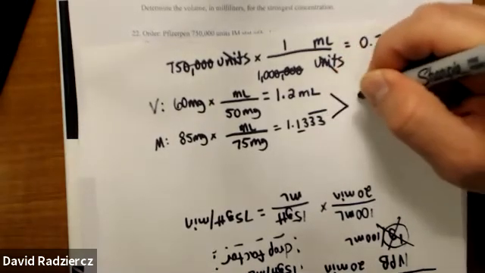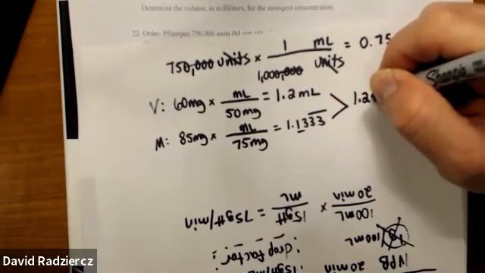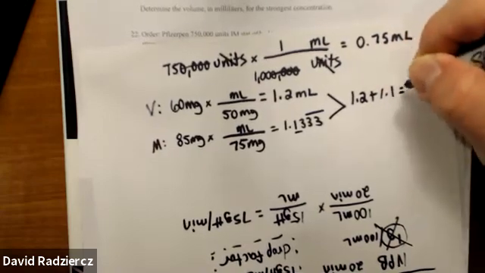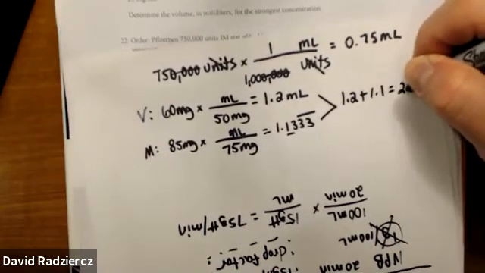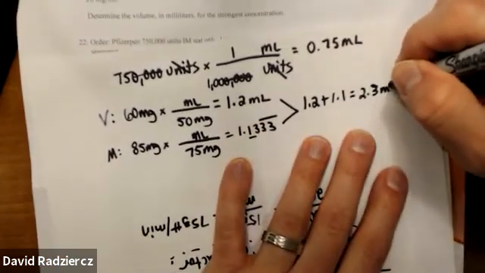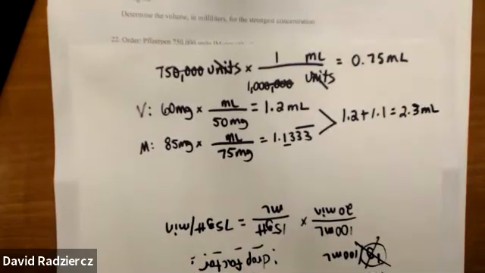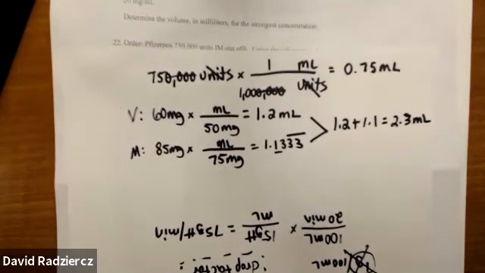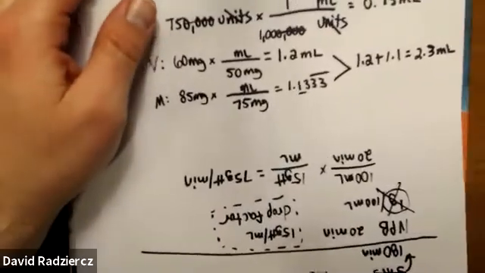You're going to put those two together. 1.2 plus 1.1 will equal 2.3. And then I'll just make sure there wasn't a problem with the key. The key says also 2.3, so hopefully that's right.